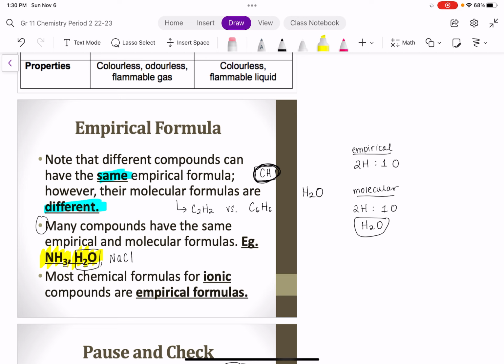For ammonia, 1 nitrogen exists and there are 3 hydrogen atoms. For water, its empirical formula is for every 2 hydrogens, there is 1 oxygen. So these compounds have the same empirical and molecular formulas.